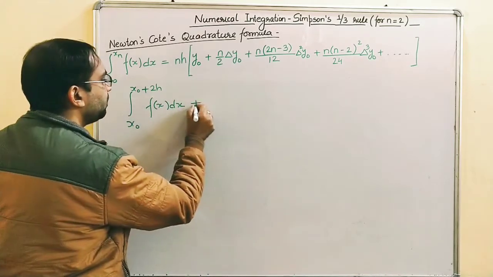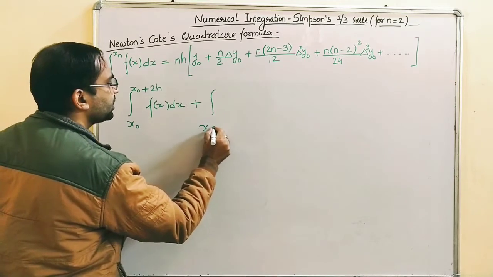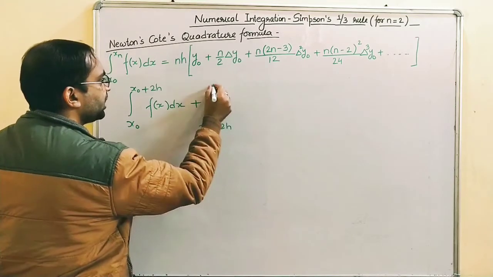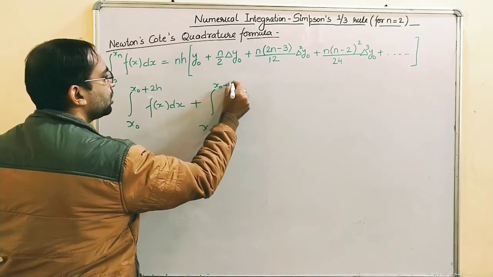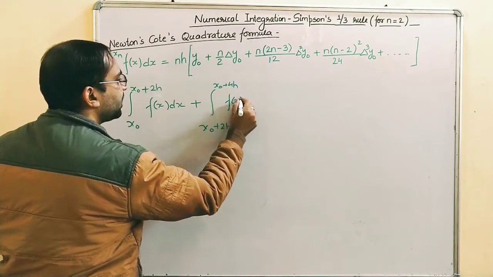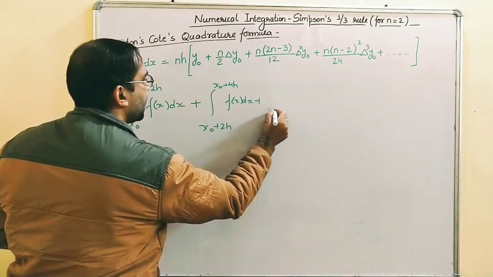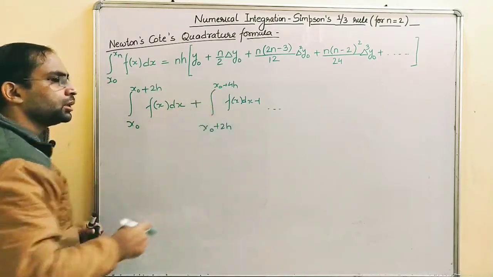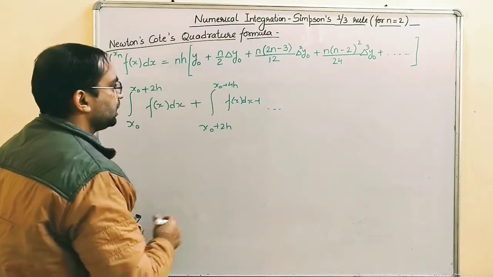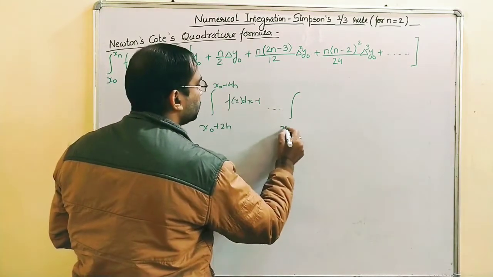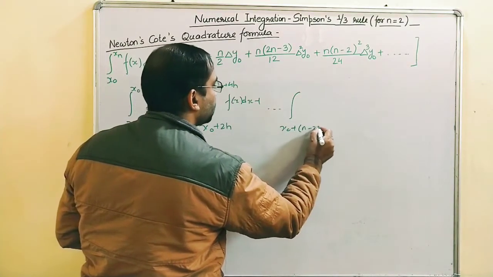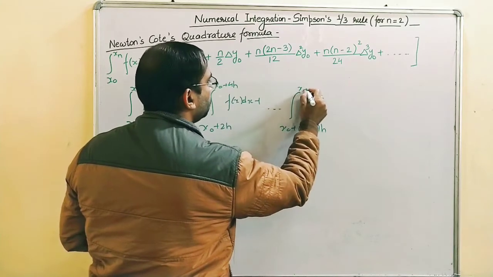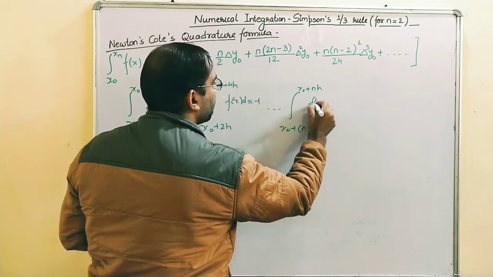Then we will sum plus, and now we begin with x0 plus 2h to x0 plus 4h, f(x) dx, plus and so on. This way we will take the intervals with 2. The last one will be x0 plus (n minus 2)h to x0 plus nh, f(x) dx.